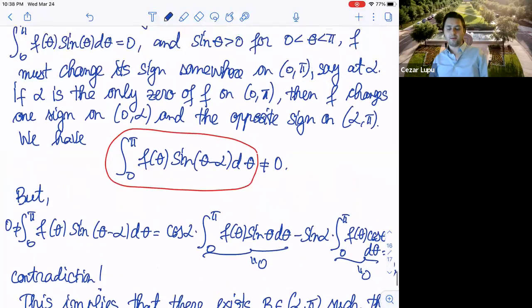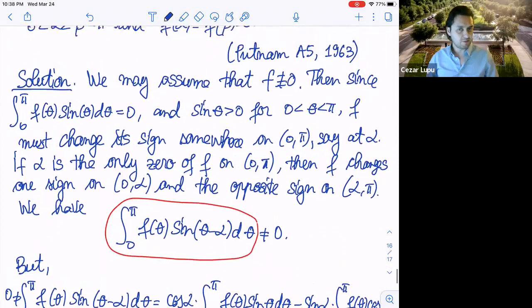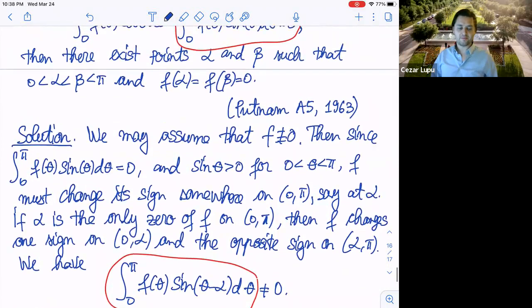And that's the end of the problem. We see it was quite easy. This was a very easy problem, I would say.